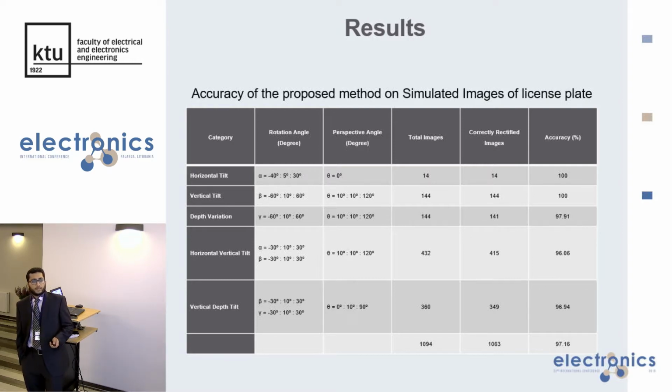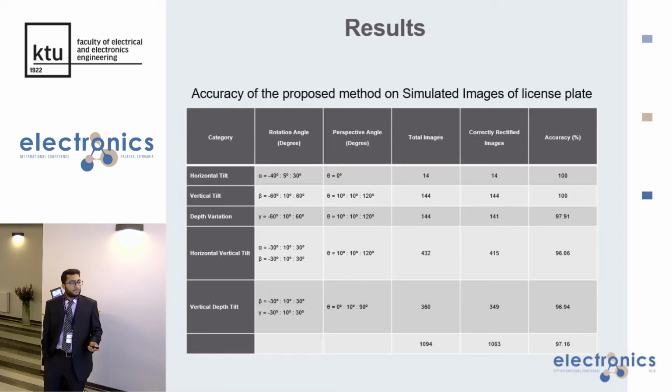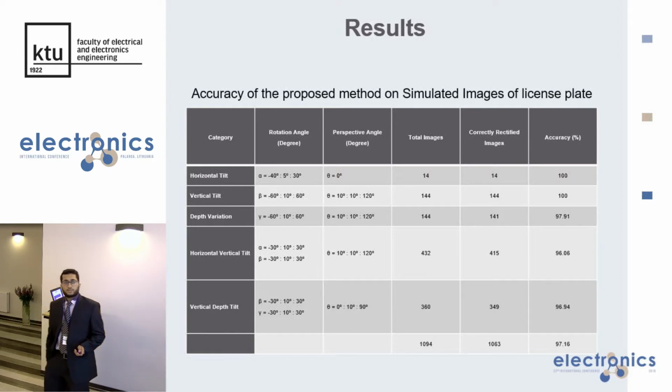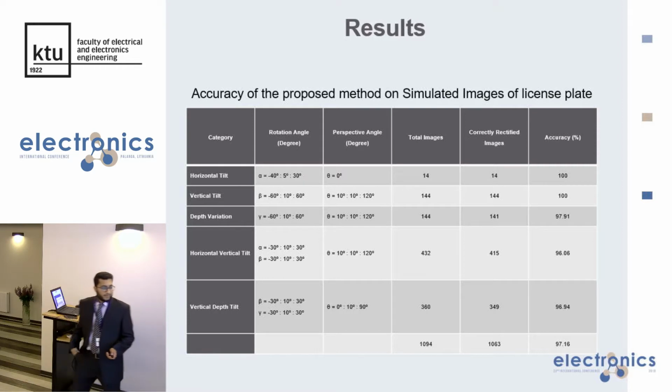Here the accuracy is slightly lower because we are performing multiple rotations, changing alpha, beta and the perspective angle at the same time. There were a few conditions when alpha and beta were large and the perspective angle was large, and then the image was not correctly rectified. We will see one example of that.